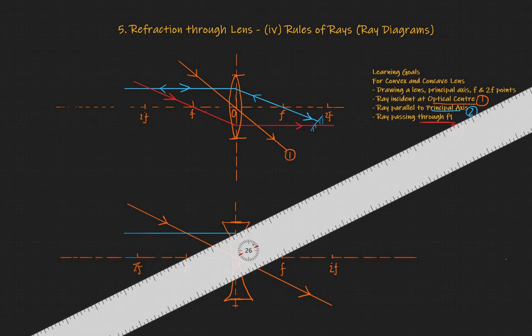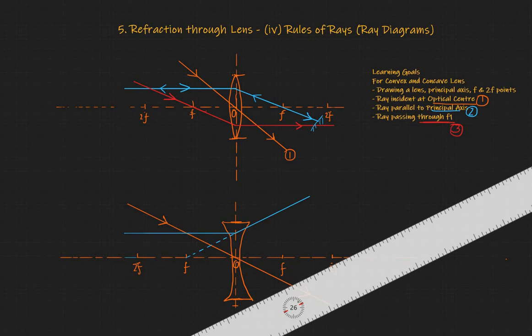Here it virtually passes through the focus. It doesn't really go through the focus. The ray would go like this, as you have seen in the previous video, but we extend this line and this connects to the focus. So this is the second rule. It'll deviate such that if you extend it backward, it'll connect the focus.